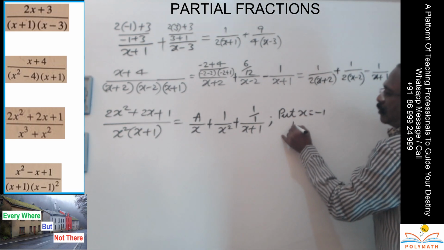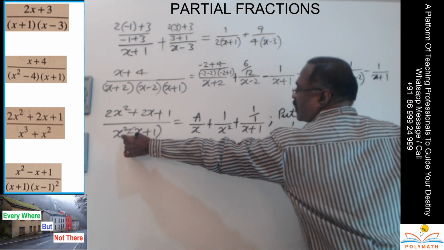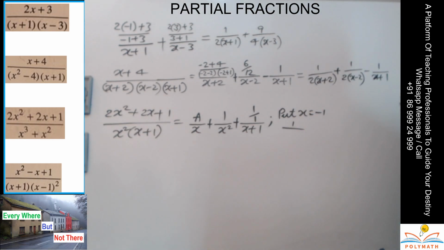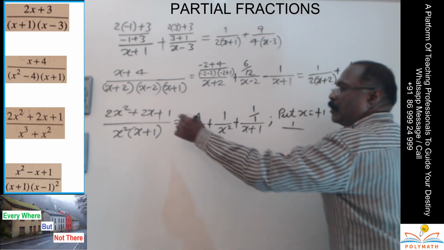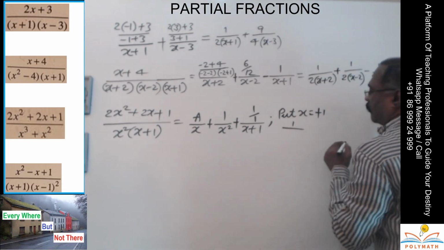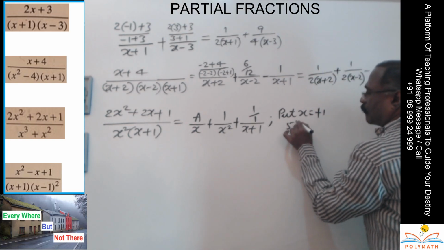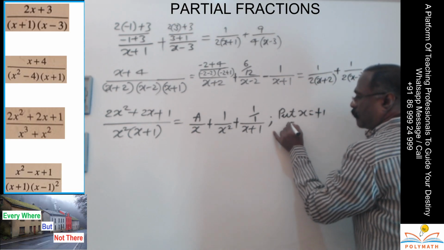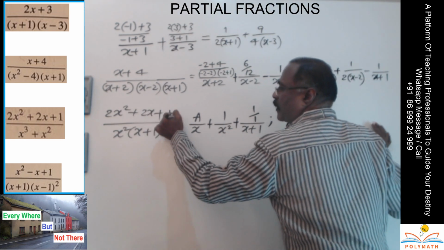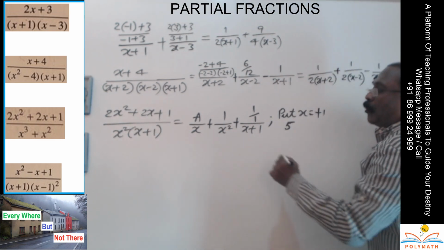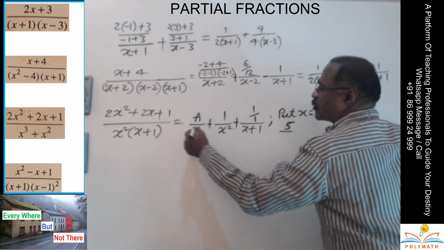Even minus 1 is not supported. So put x equal to 1 then. 2 plus 2, 4 plus 1, 5 there. 5 by 1 into 1 plus 1, 2.